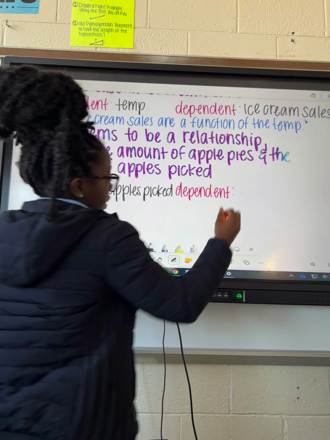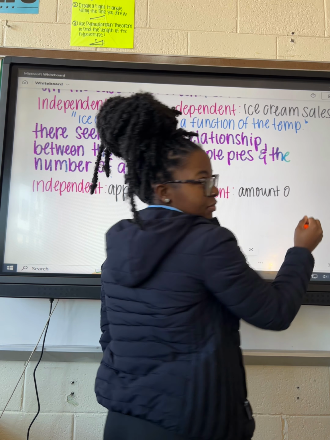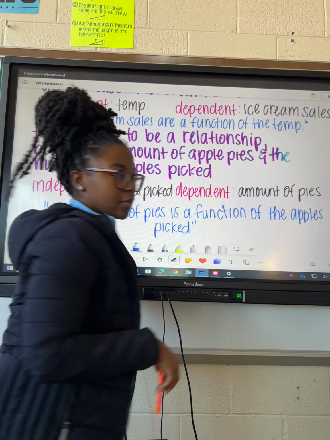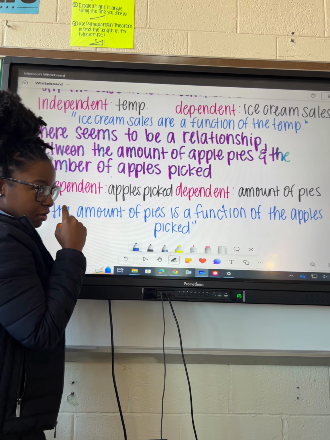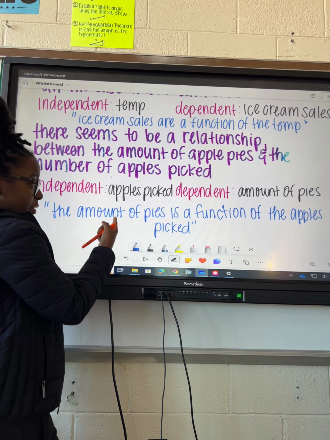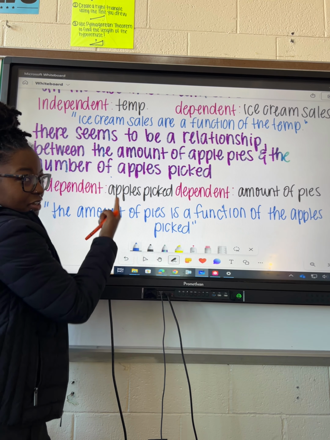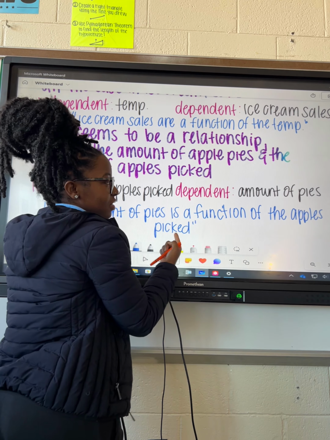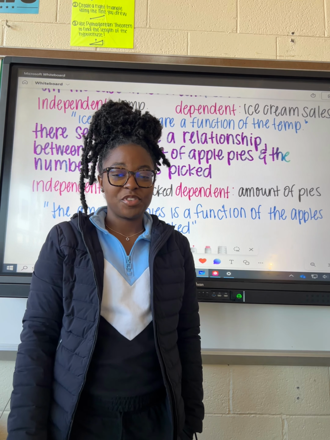And then the dependent is the amount of pies. So the amount of pies is a function of the apples picked. Remember our little cheat: the amount of pies depends on the apples picked. The dependent is a function of the independent, okay? That's it. You can do it.